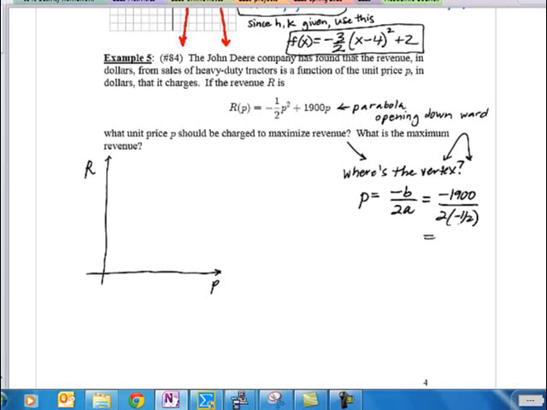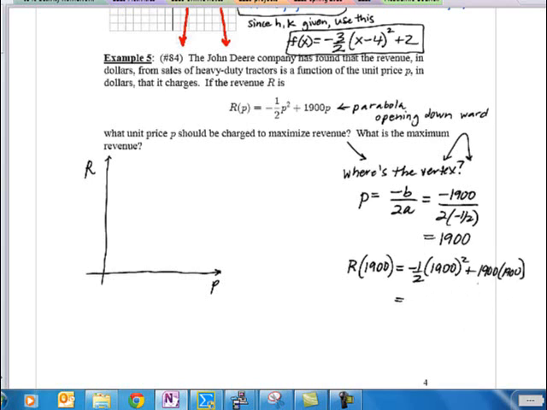So the price would be 1900 at that high point, and the revenue at 1900 is going to be the maximum revenue. So negative 1/2 times 1900 squared plus 1900 times 1900. So that's the same as, this is 1900 squared, and that's negative a half 1900 squared.